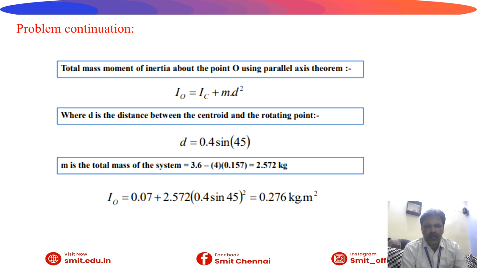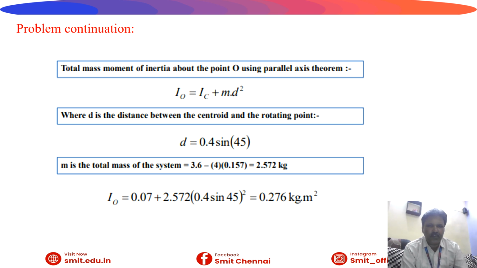Therefore d is 0.4 sin 45 degrees. Then m is the total mass of the system, which is equal to 3.6 minus 4 into 0.157, which is equal to 2.572 kg.